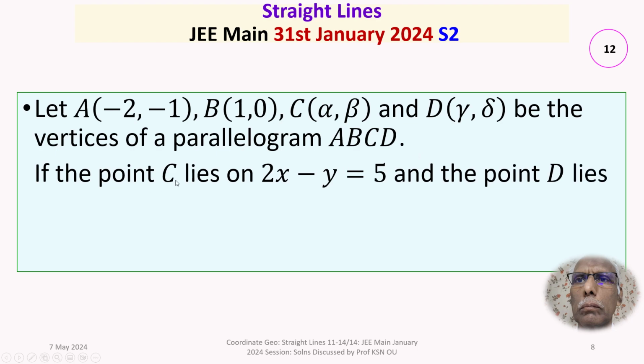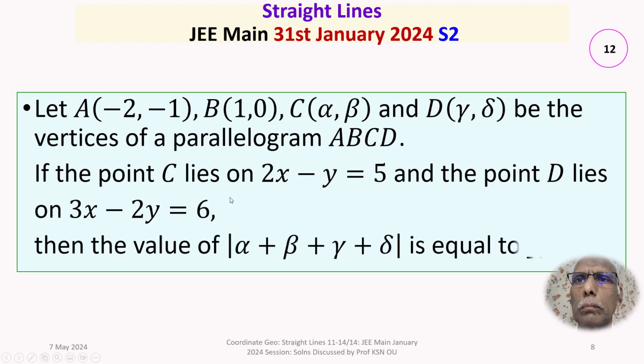If the point C lies on 2x minus y equals 5 and the point D lies on 3x minus 2y equals 6, then the value of modulus of alpha plus beta plus gamma plus delta is equal to. It is a numeric value type question.